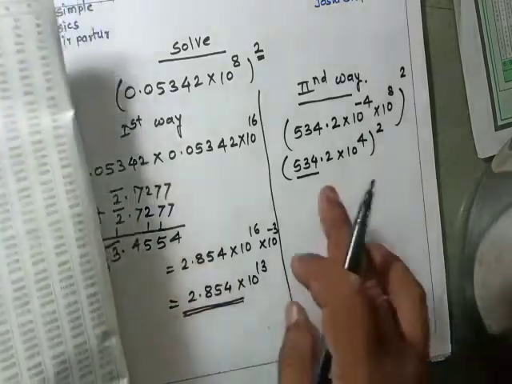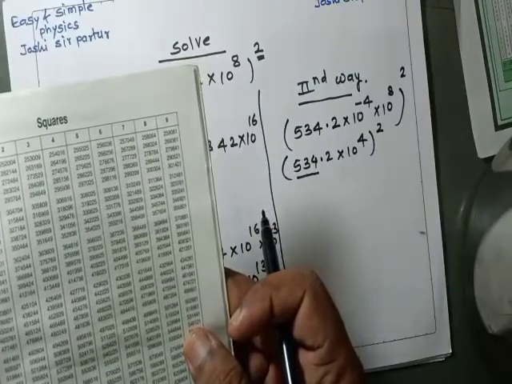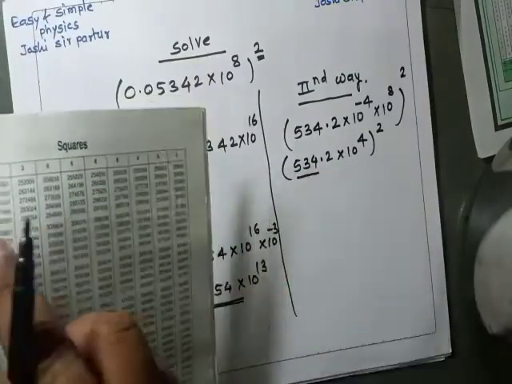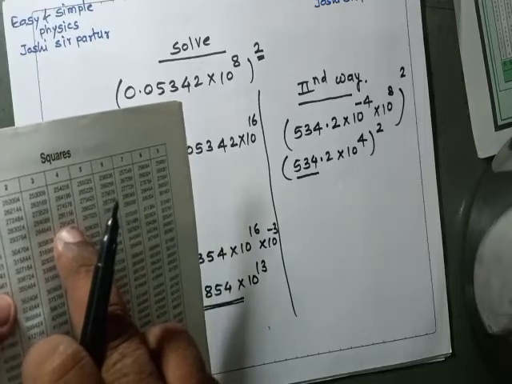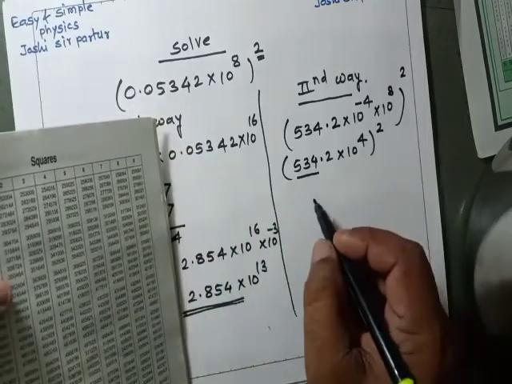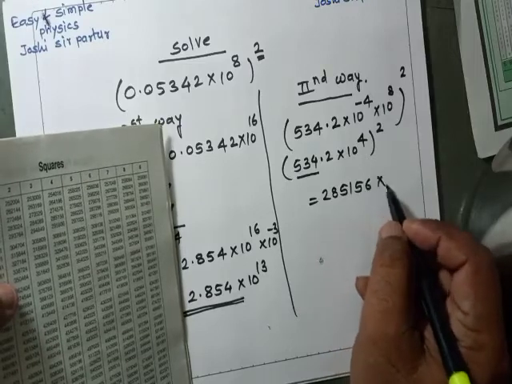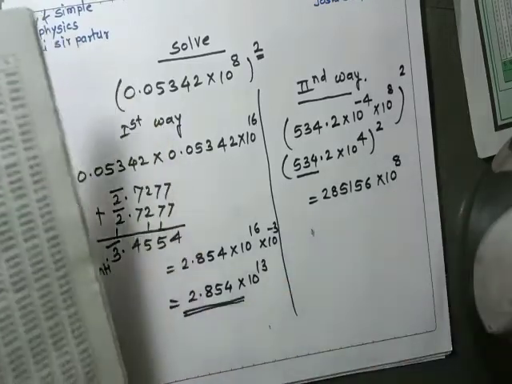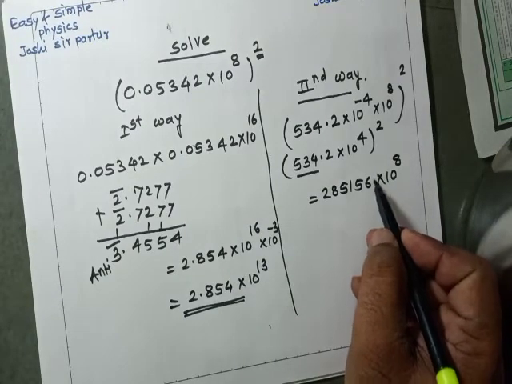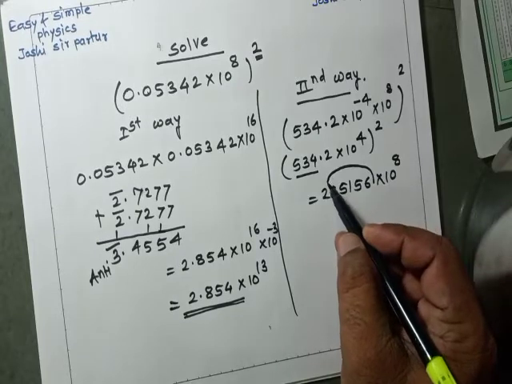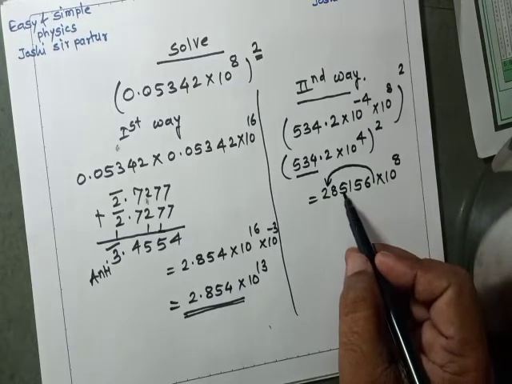So here we see 53. We can see 53 in 4, that is 28, 285156. We can write 285156 into 10 to the power 8. Means this decimal point when shifted here, how many digits? 1, 2, 3, 4, 5.